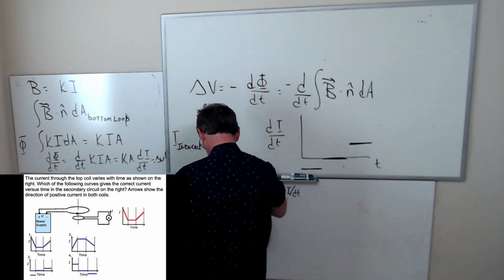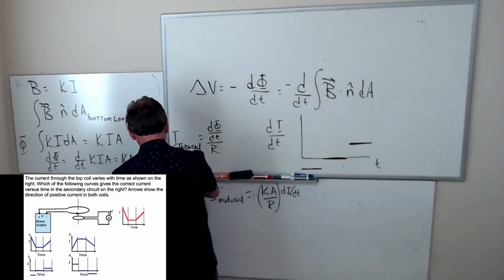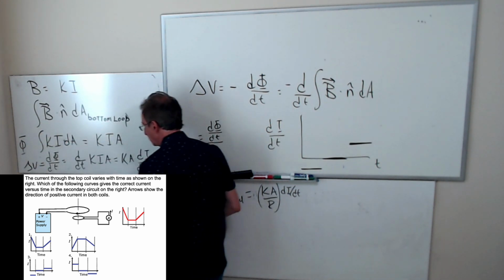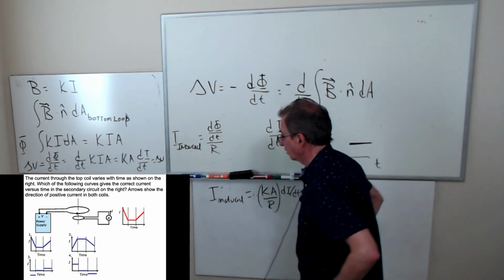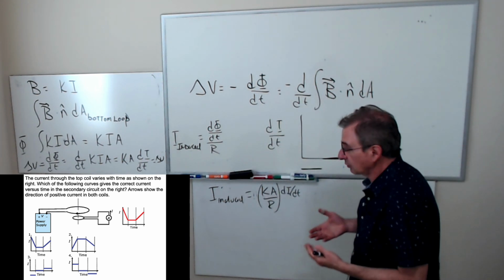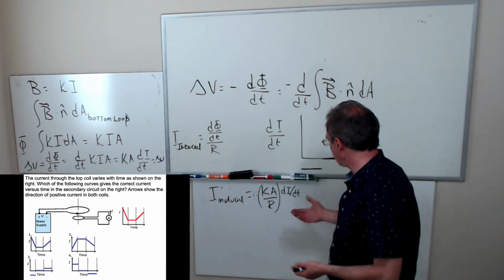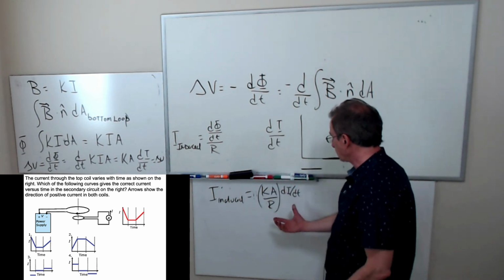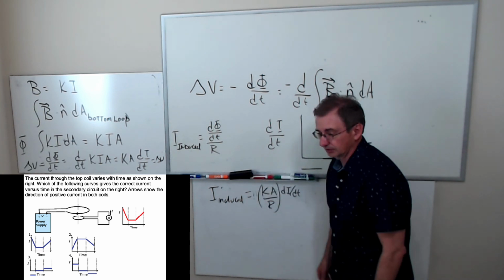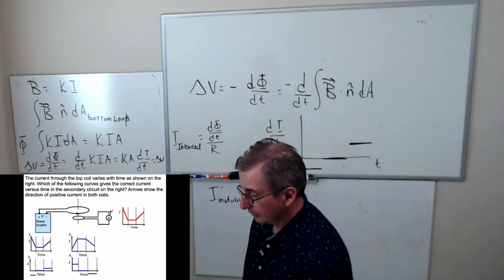This is just delta V. Let me write it here. Let's see, induced EMF. Okay. And my point was to say that the induced EMF is proportional to some geometric stuff and the current, or dI/dt, sorry.